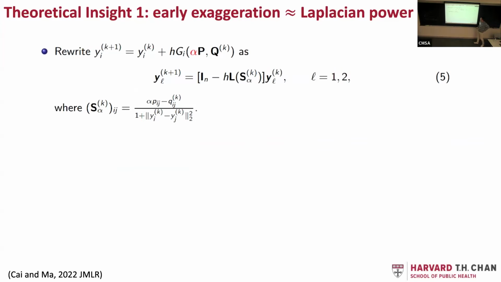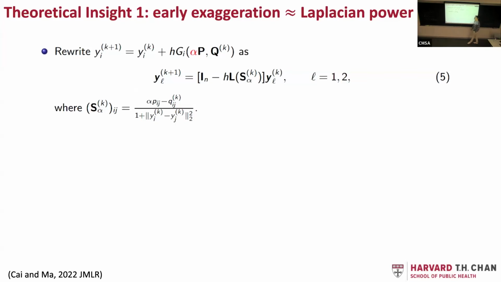It turns out that these two computational strategies are essential to make this approximation true. So we write the original updating equation with the early exaggeration parameter. We can recognize a form that is already very similar to a power iteration, except that within this Laplacian operator, this is not a constant matrix. This is a matrix that also updates itself through iteration.